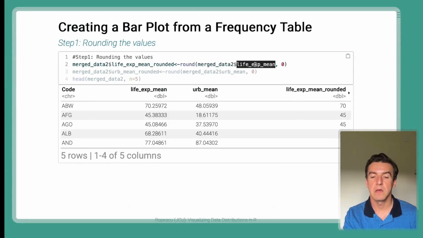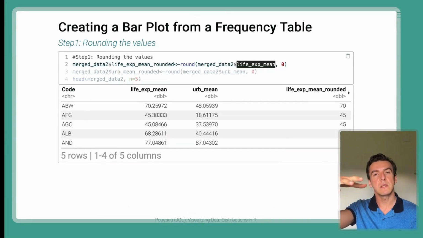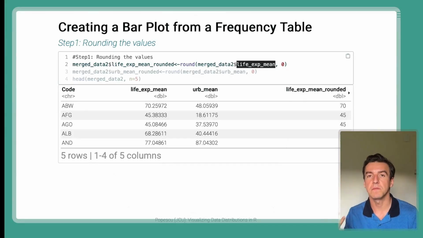Remember that this variable was simply the average life expectancy by country. So imagine you have Afghanistan, 1950, 1951, 1952, all the way to 2021. Rather than having 71 values, you're just going to have one. But you're going to have, for example, Afghanistan 52.5. Rather than having 52.5, we want to have 53.